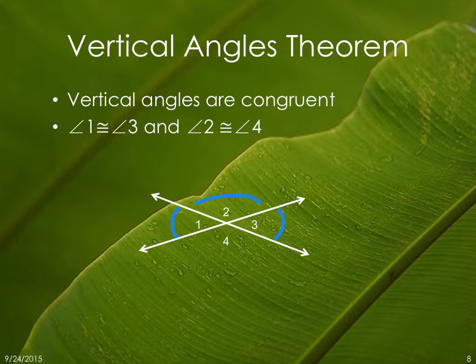And angle 2 is vertical to angle 4, so they are also congruent angles. So the theorem tells you that the angles are congruent. The definition describes what a vertical angle is.